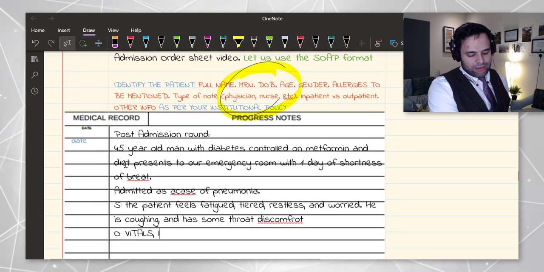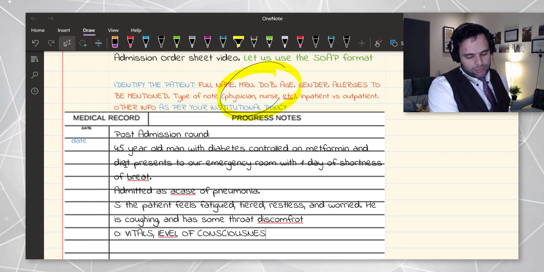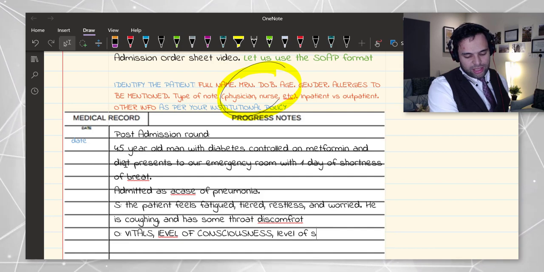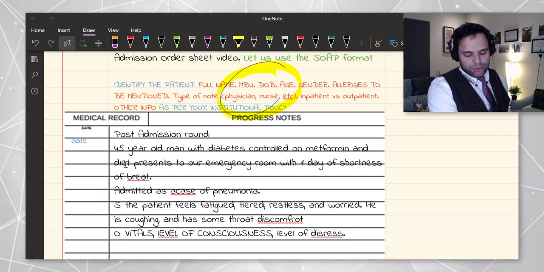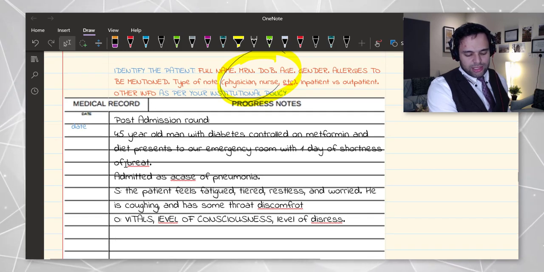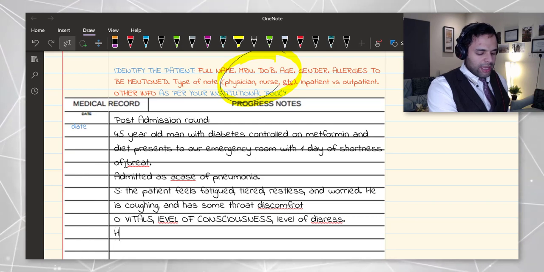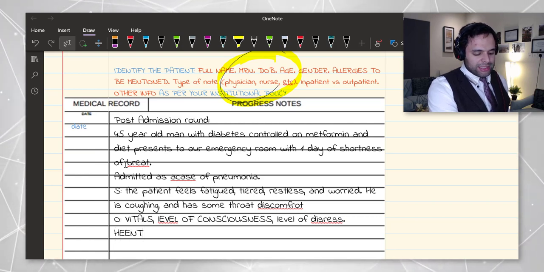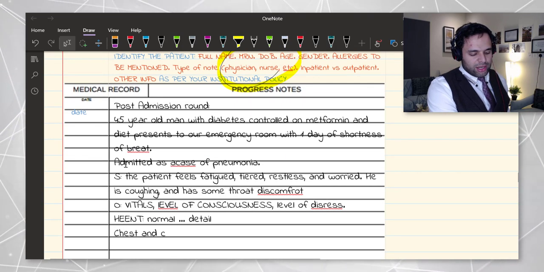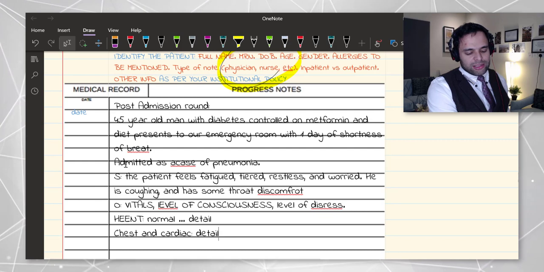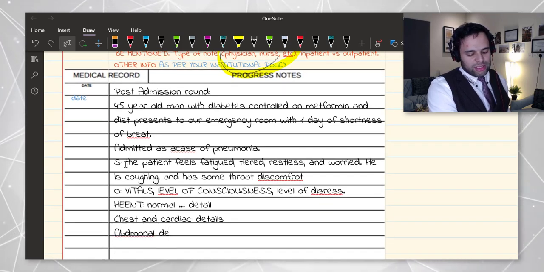Objective: vitals, level of consciousness, level of distress can all be mentioned. You mention full vitals, that includes your level of consciousness, your random blood sugar, etc. And then you do a head, ear, eye, neck, throat examination, whether it's normal or not, in detail. And you do a chest and cardiac examination, you write the details, and an abdominal examination. These are all objective things, you write the details.